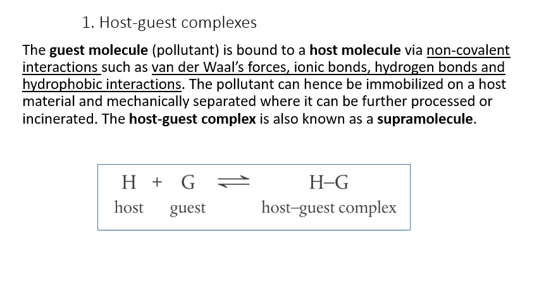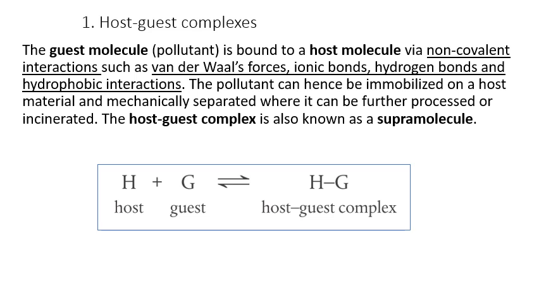The presence of functional groups that form specific hydrogen and ionic bonds with the substance increases the selectivity of the host-guest interactions and makes the host molecule more sensitive to pH and temperature. So this can actually be used as an advantage if you want to remove a particular pollutant.